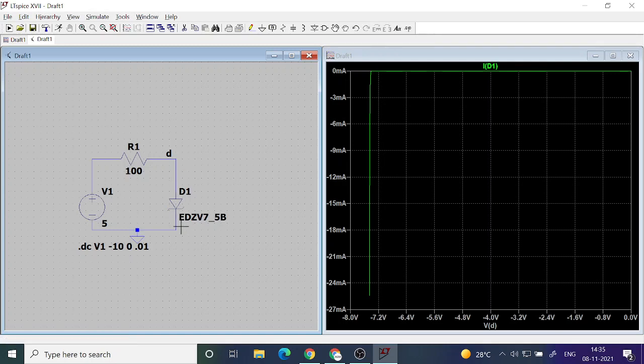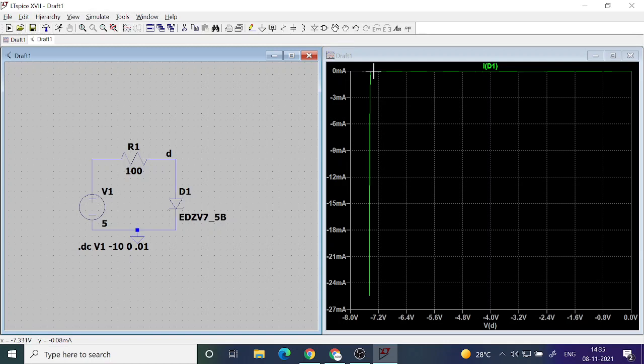This is the reverse bias voltage. We are applying 0 to -10, but only 0 to -7.5 appears across the diode. Whatever applied voltage has come, after that, because of the current, a lot of voltage is dropped across the resistance, and the remaining is coming. This is negative bias or reverse bias.